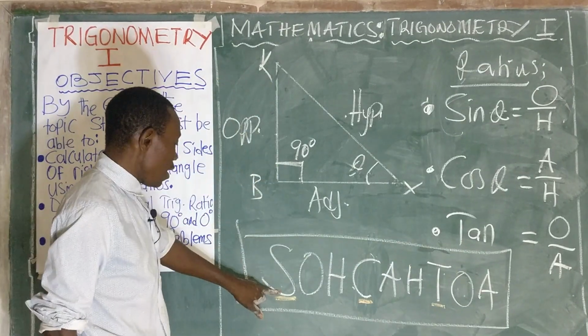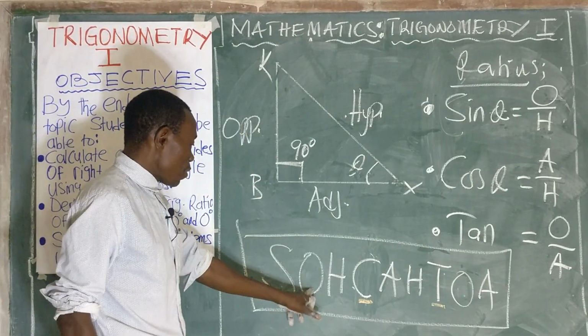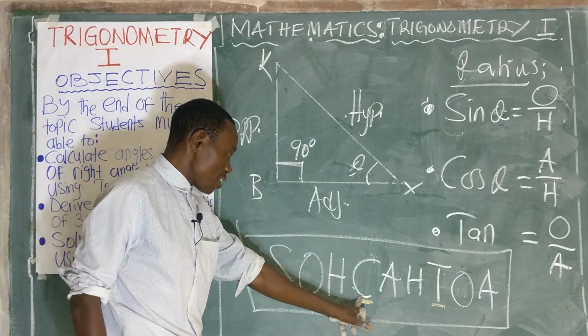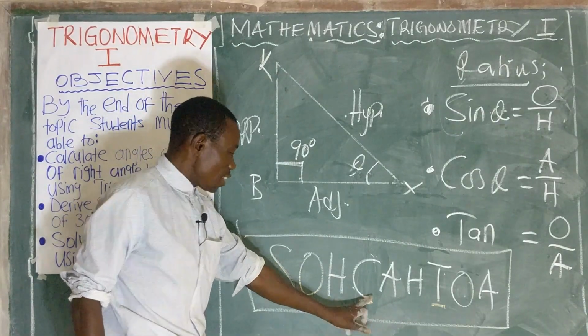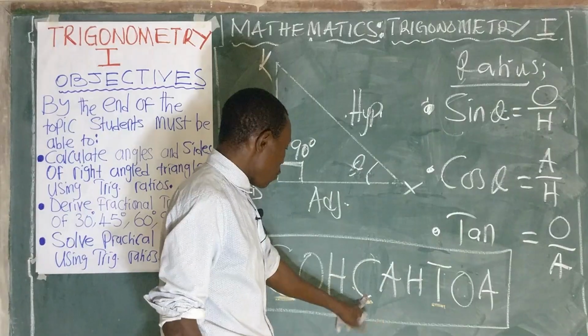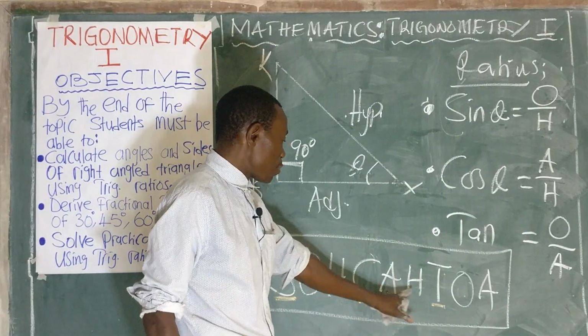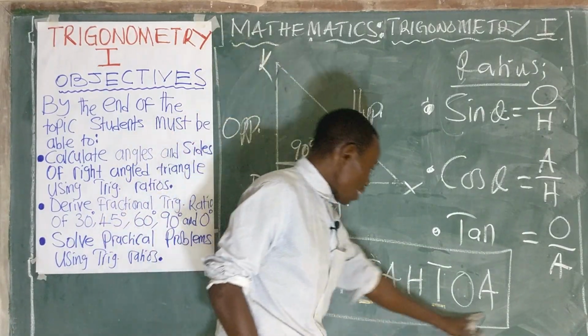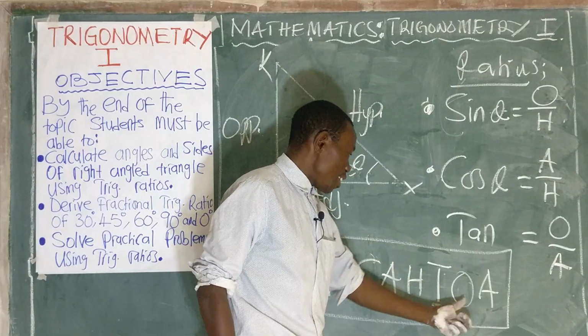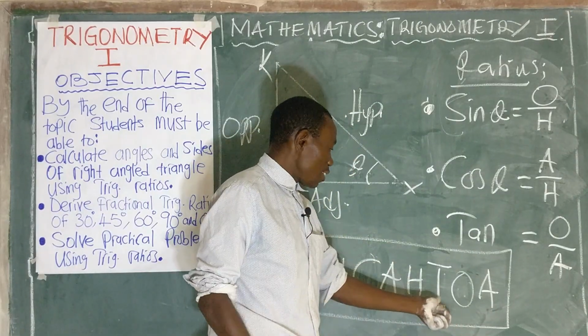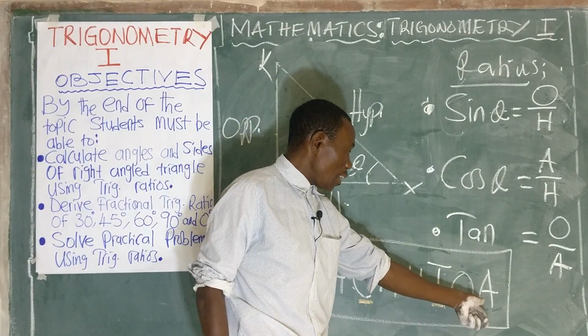It means sine is found by opposite divided by hypotenuse. Then the next three letters tell you a story about the other ratio. Cosine is found by dividing adjacent by hypotenuse. The last three letters tell you the last ratio, which is tan. Tan is found by opposite divided by adjacent.